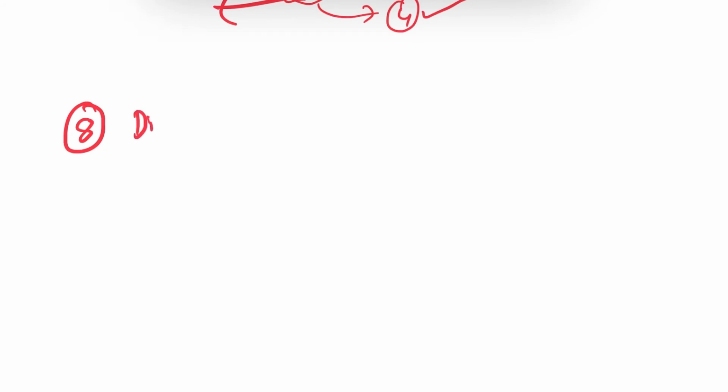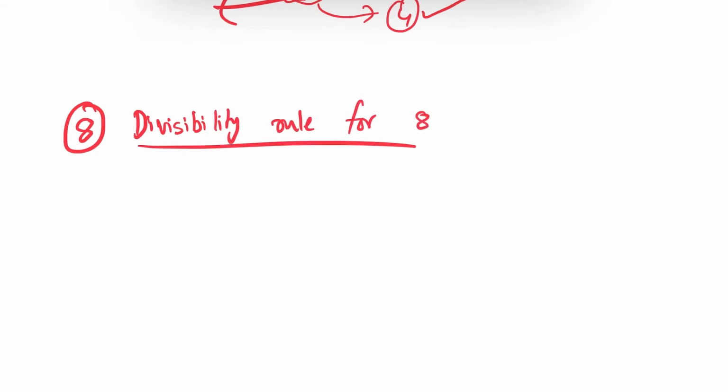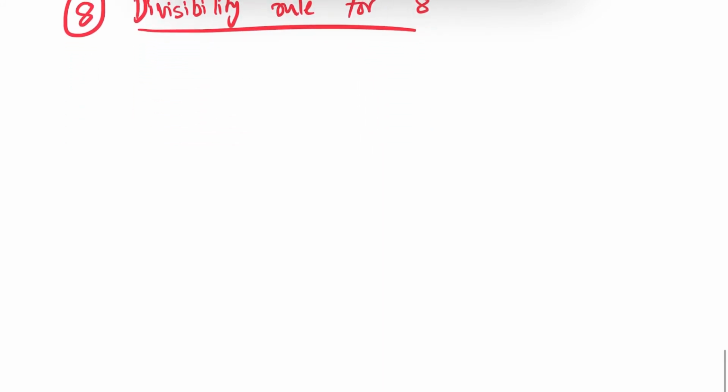So the next rule will be of 8, the divisibility rule for 8. Okay, so a number is divisible by 8 if the number formed by the last three digits is divisible by 8.